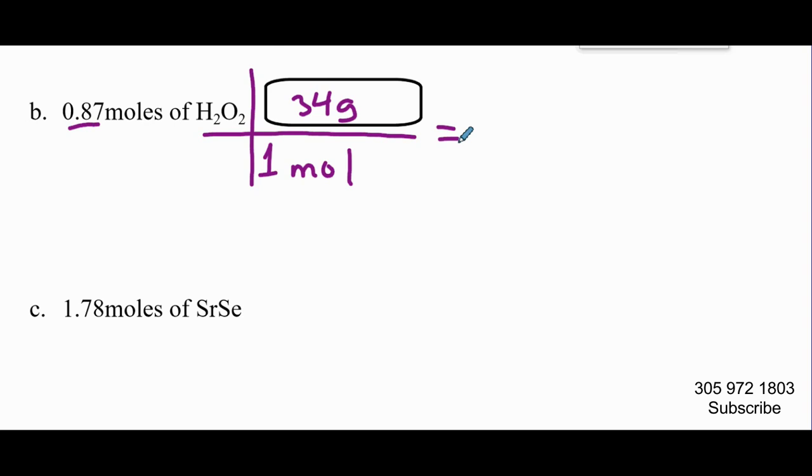That should give you 29.58. That would be grams of the compound, which is grams of H2O2. I am showing all my units. I am showing all my work, which is what the instructions said at the beginning. Let's go to part C of the same question.